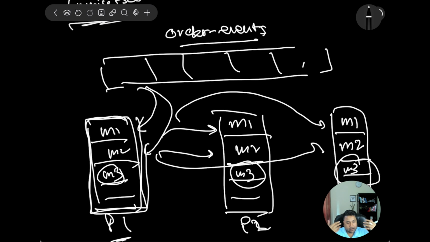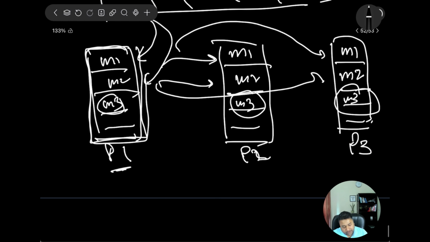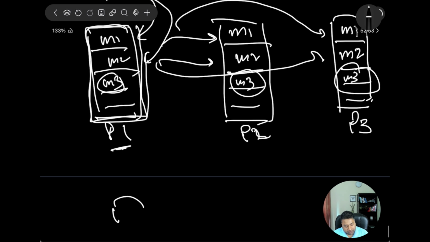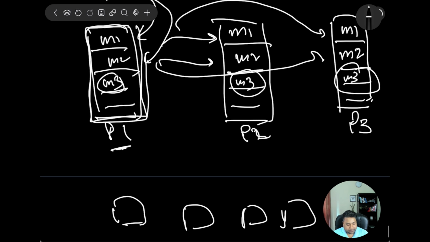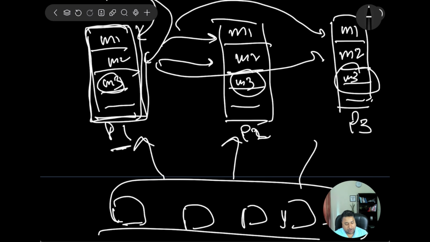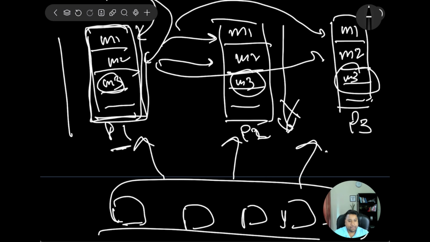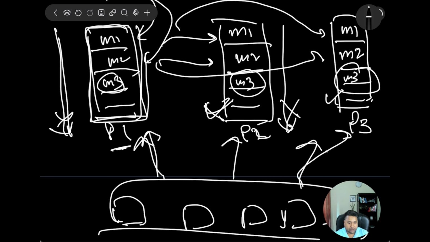Why? Let's say you have multiple consumers. To enhance this, your consumers can read from any of the partitions. Second, if this partition stops working, you can still read from another one. And if this partition stops working, you can still keep writing on the others.